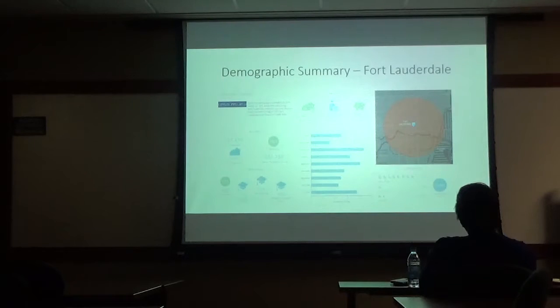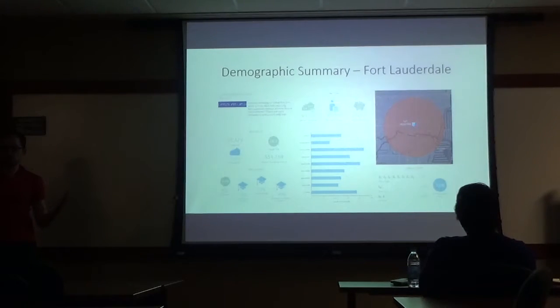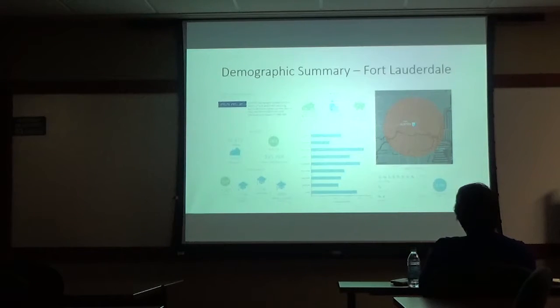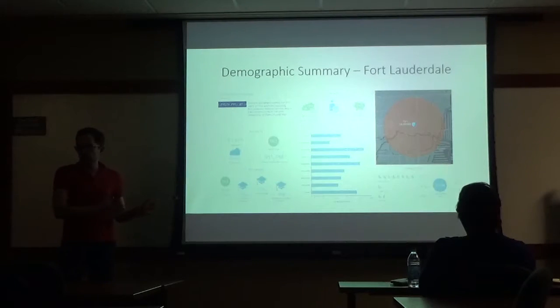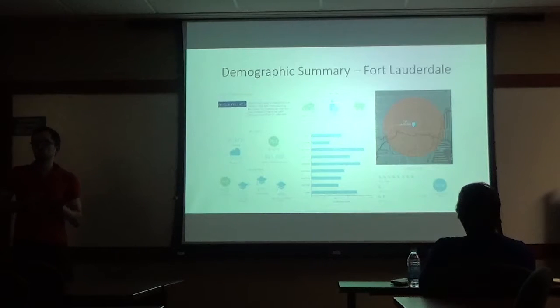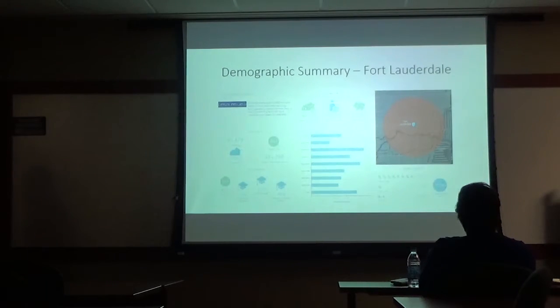And given that the average asking rent for apartments in Fort Lauderdale is just under $1,800 per month, given the median household income of $61,000, that would definitely give an appeal for those who currently reside or are looking between the two cities. And that would give a boost to West Palm Beach as a potential or ideal location for residing in the city.